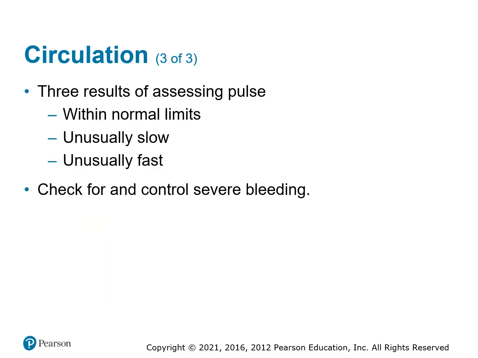Kind of the things you're looking for with circulation when you're checking that pulse is, is it within normal limits? And we'll talk about normal limits coming up in the next chapter. But again, normal limits is going to be based on what your patient is, how old your patient is. Generally for an adult, that's going to be 60 to 100. And then you want to know, is it unusually slow or is it unusually fast?